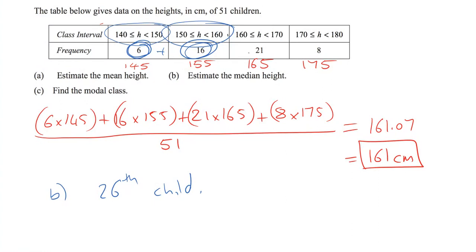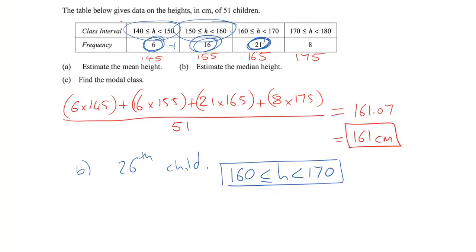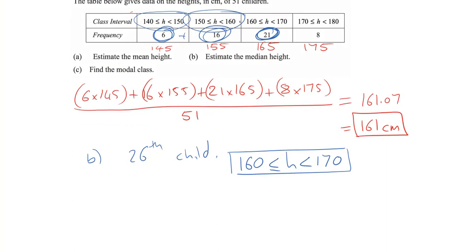So with 21 here between 160 and 170, I am very confident that the child who is 26th in the list is between 160 and 170 centimeters. Now, we're not going to find exactly the answer here. We're estimating. So I'm going to leave this as my estimate. I'm estimating the child is somewhere between 160 and 170 centimeters. And for now, that is enough.